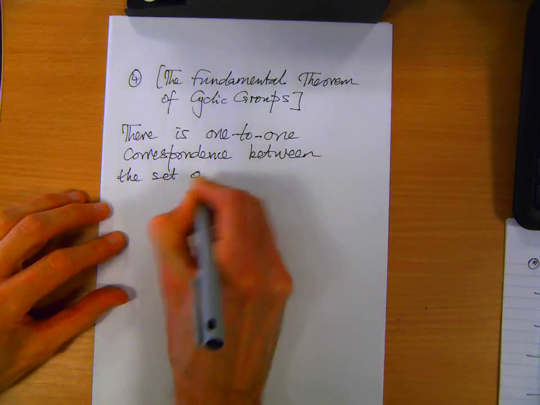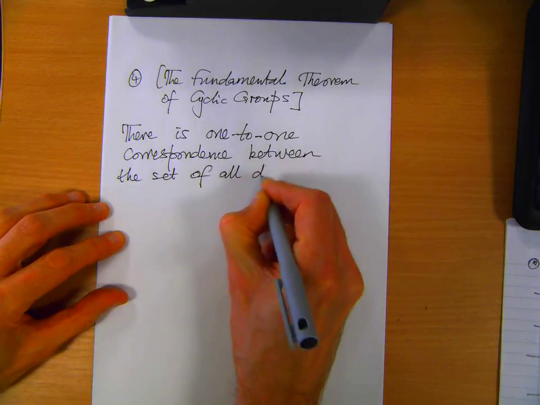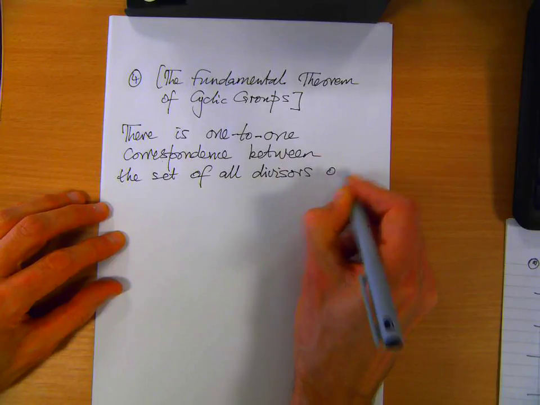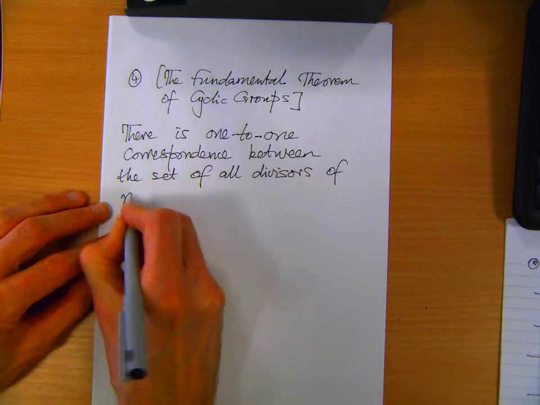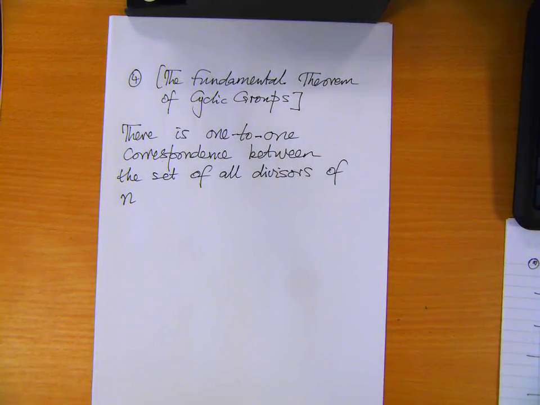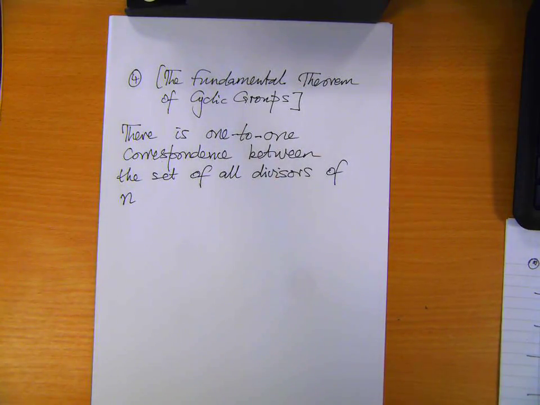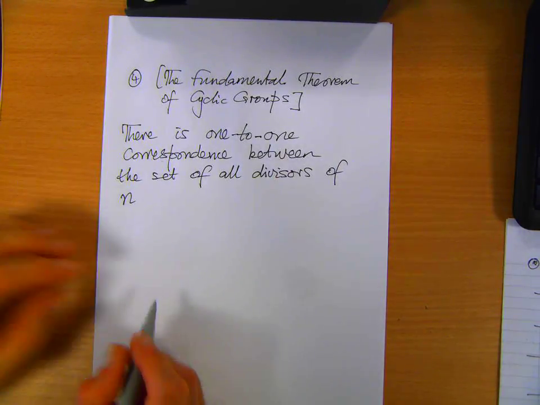So you look at the set of divisors, or factors, whatever word you want to use. Remember, n was the order of the group that we were interested in. So we look at the set of divisors of n, which is just a case of listing the divisors or factors of this positive integer.